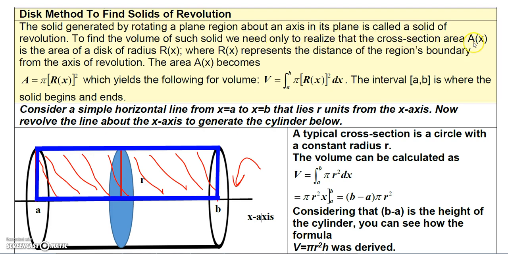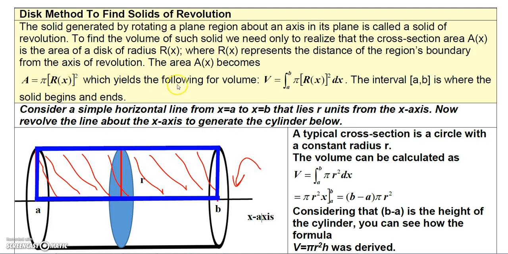cross-section area, which we'll call A of x, is the area of a disk of radius r of x, where r of x represents the distance of the region's boundary from the axis of revolution. The area actually becomes pi r squared, because the cross sections are circular regions in this case, and the area of a circle is pi times the radius squared.